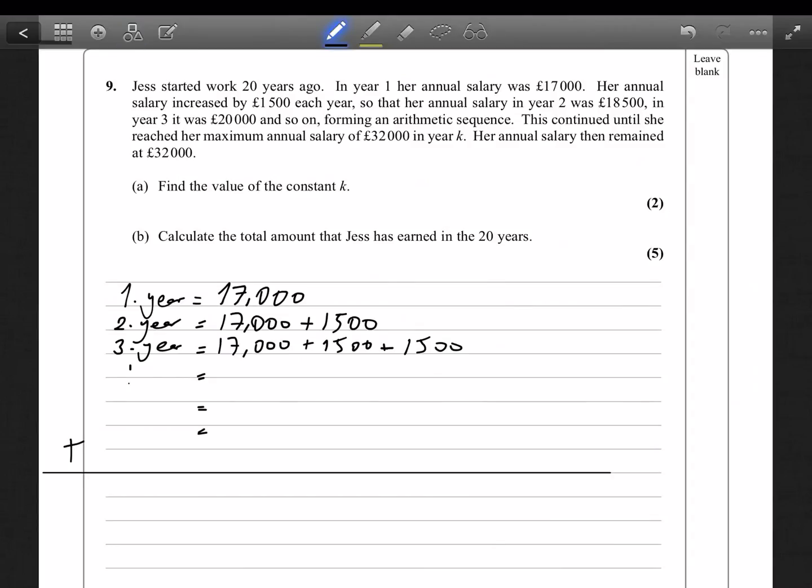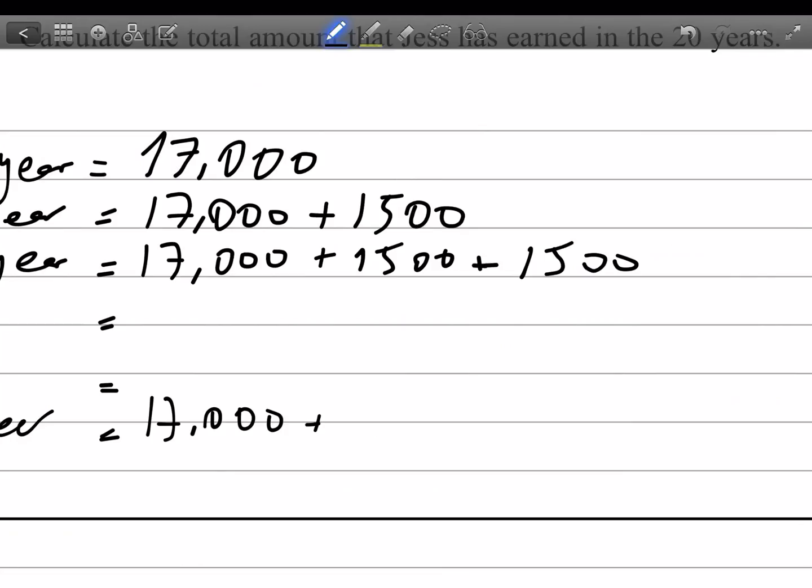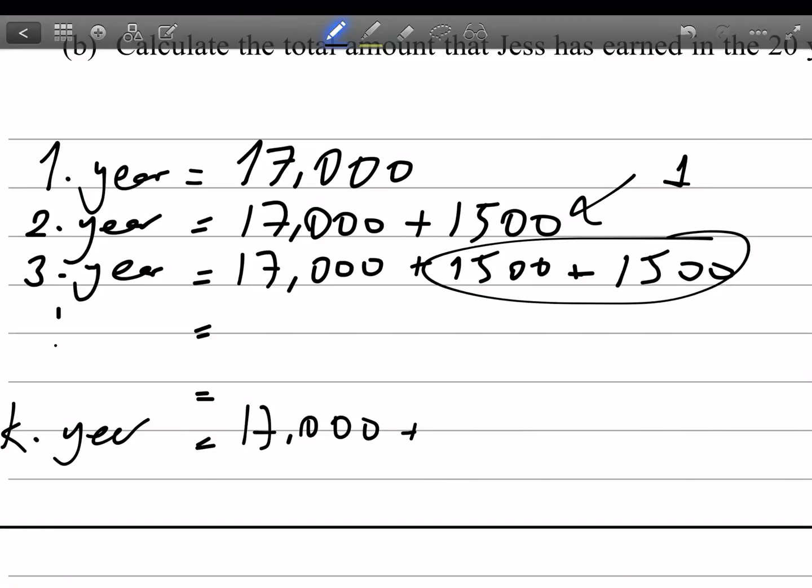Let's make a guess. For example, let's do it in the kth year, she has this one, and for example, first year there is no 1,500, but second year we have 1, and third year we have 2 of 1,500.